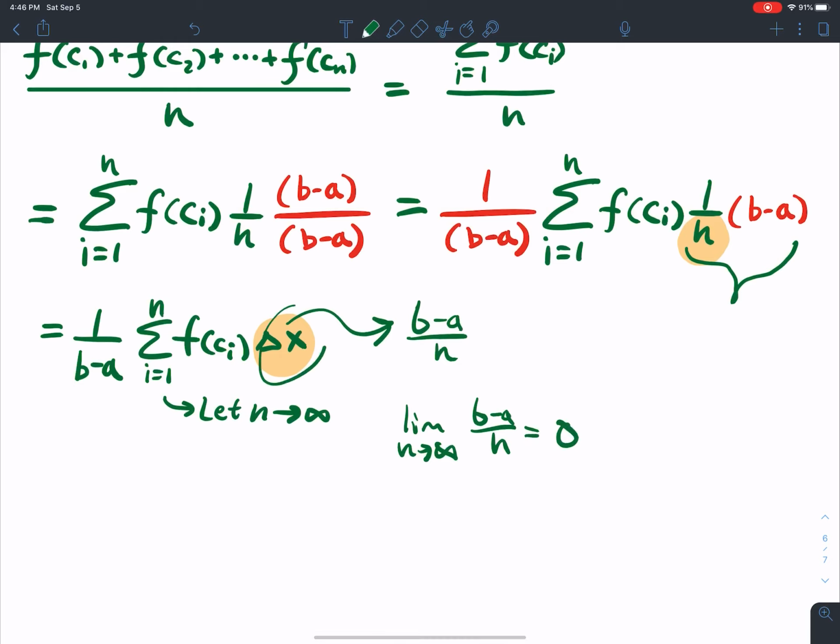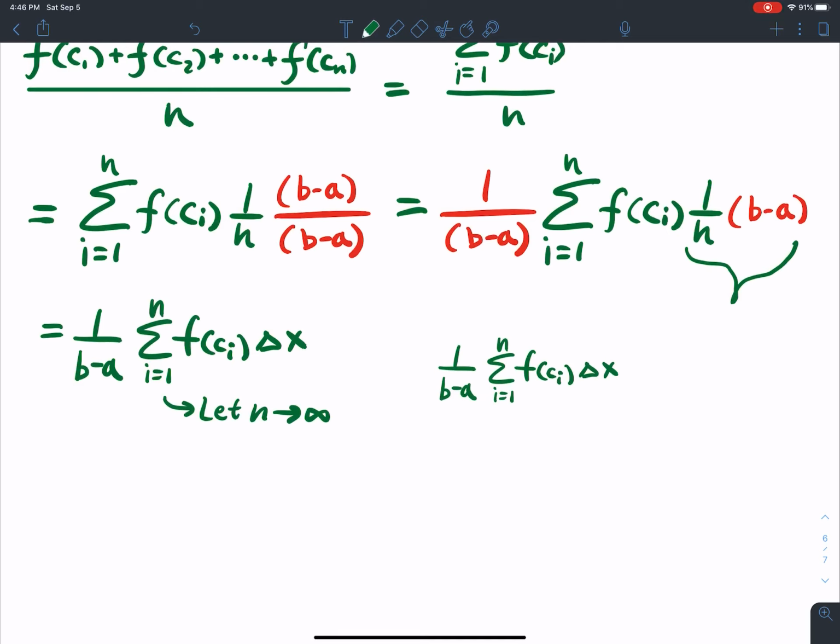So the widths are going to 0, but your number of rectangles is going to infinity. So you've got this battle between 0 and infinity going on here that actually produces this finite number for you. Pretty cool stuff. So whenever I take the limit as n goes to infinity, the only thing that the limit affects is this n right here. It pushes it to infinity.